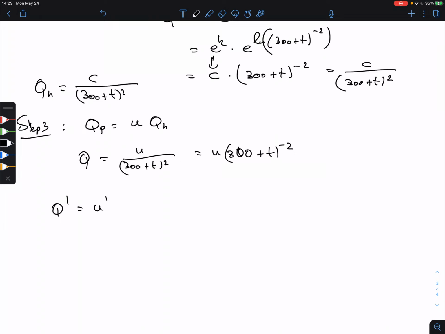So this is u prime times 300 plus t to the minus 2 plus u times, now the power rule is subtract 1, right?